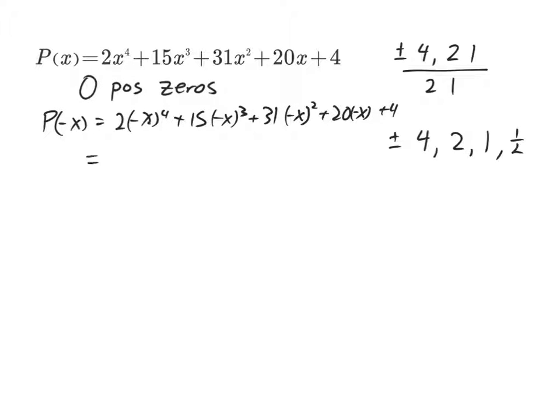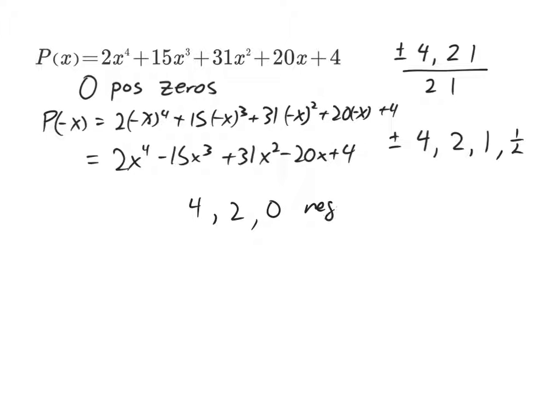This gives me positive 2x to the 4th minus 15x cubed plus 31x squared minus 20x plus 4. And if you notice, the signs change every single time. So I could have 4, 2, or 0 negative zeros. But since I have 0 positive zeros, I can actually get rid of this right here. So using Descartes' rule of signs, that just got rid of half the options.